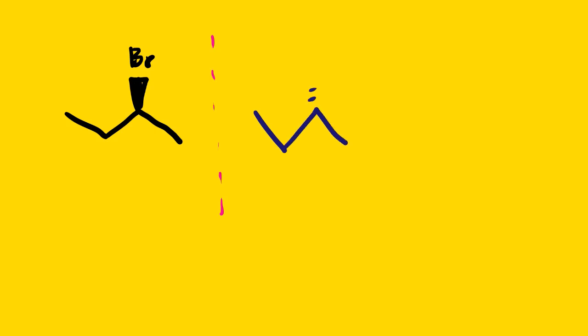Now looking at a different type, remember that we are looking at how to draw them. Looking at the skeletal structure, we have something like this. Then this will be our Br. Then if you put a mirror here, we can write it like this.